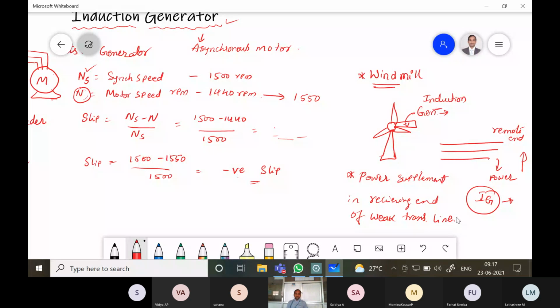So now, the induction motor running as an induction generator.